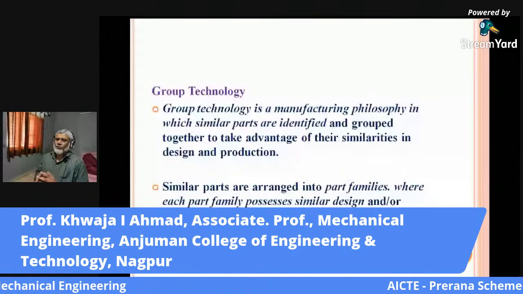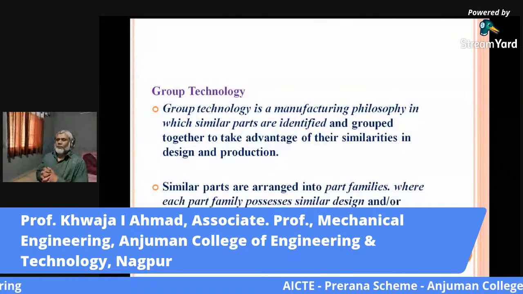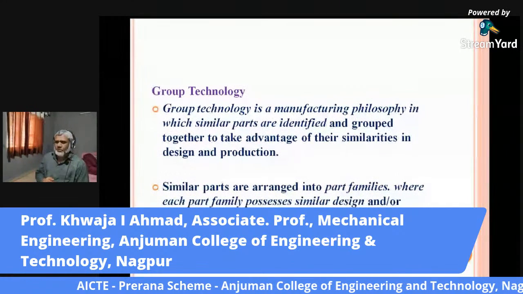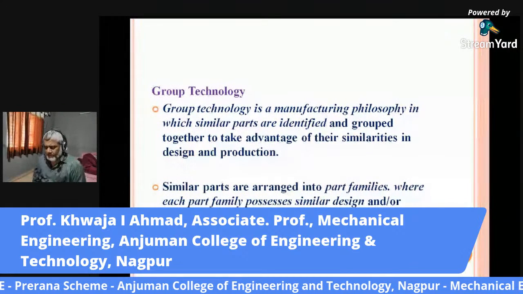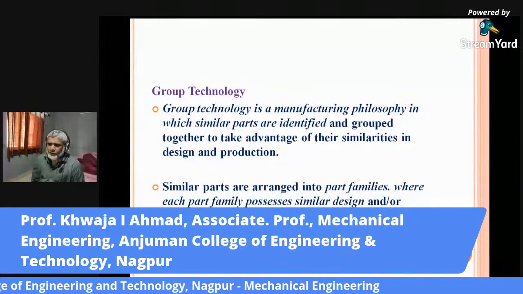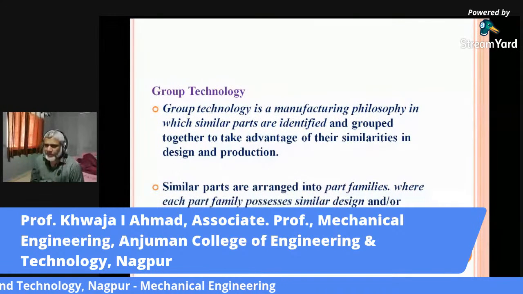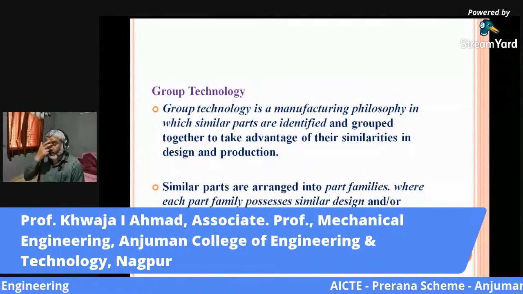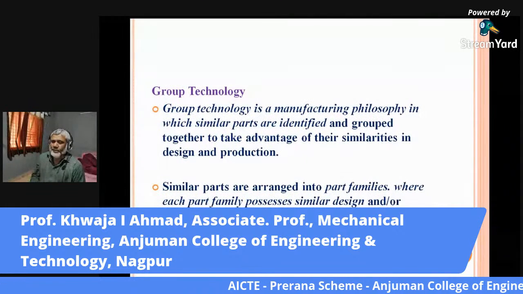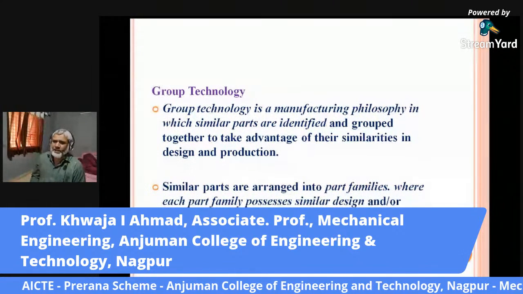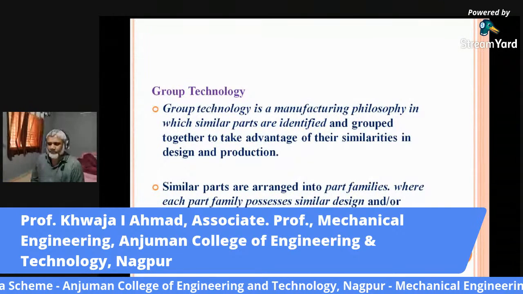Another point to understand when we switch over to CIM is group technology. Just a little bit of information I want to share with you with respect to group technology: it is a manufacturing philosophy in which similar parts are identified and grouped together to take advantage of their similarities either in design or in production.